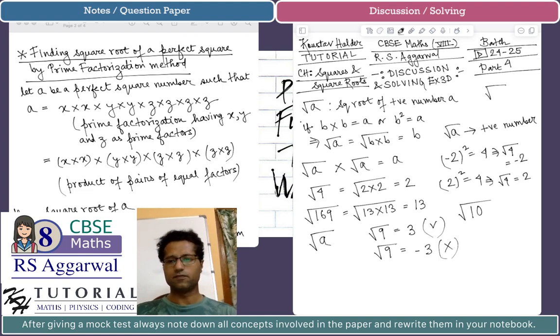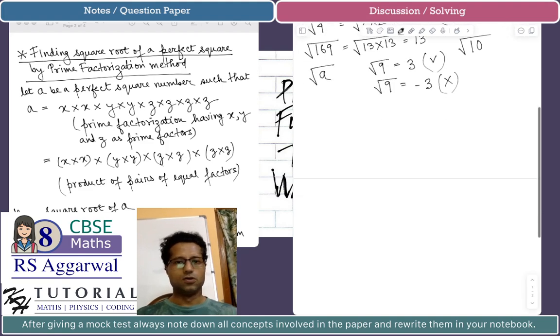So in your class as of now, whenever we are asked to find the square root of a number, that number will be a perfect square. We have to find the square root of a perfect square number. So in this video, I will discuss the prime factorization method of finding the square root of a perfect square.